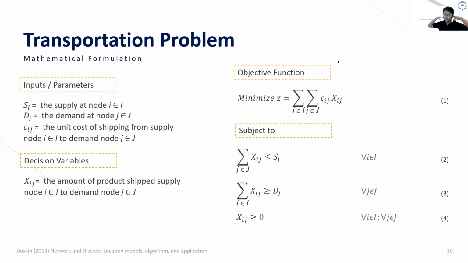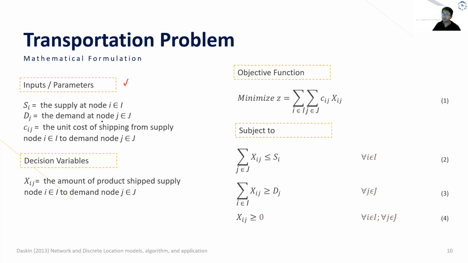Okay, in mathematical models, there are at least 4 things that need to be considered. First, when you want to formulate the problem, you need to understand what kind of inputs or parameters are being considered.